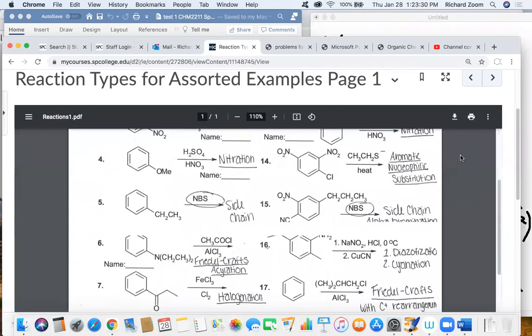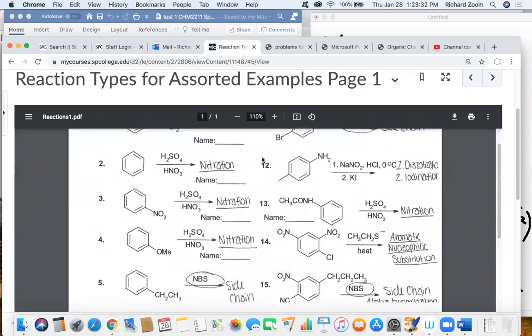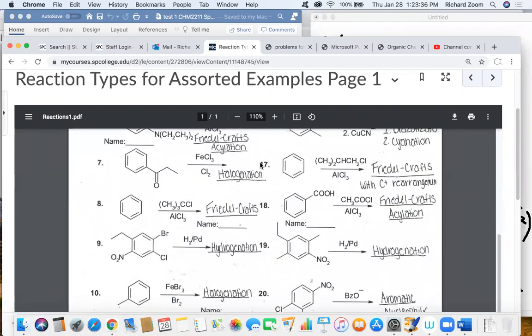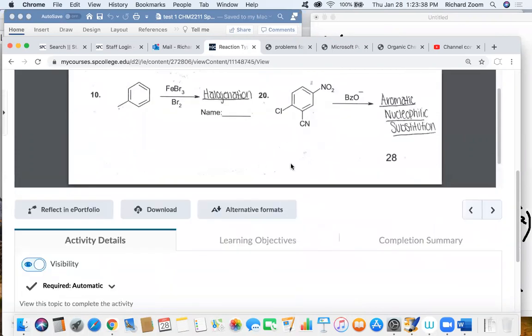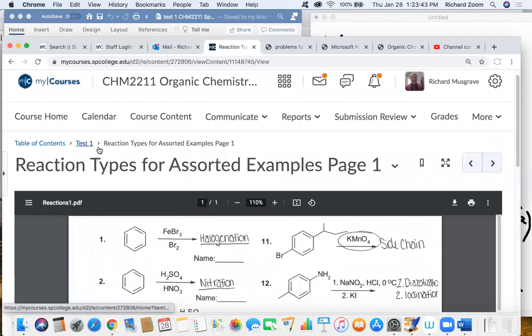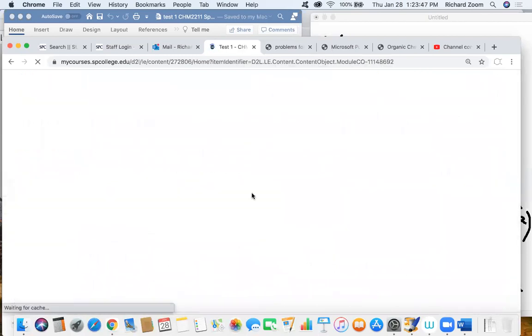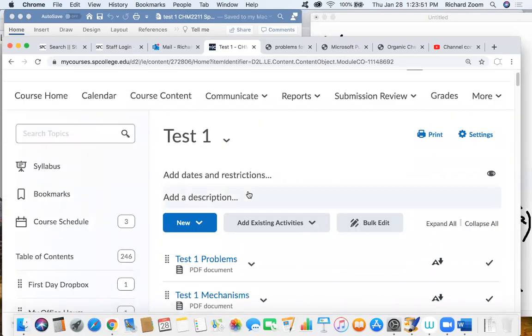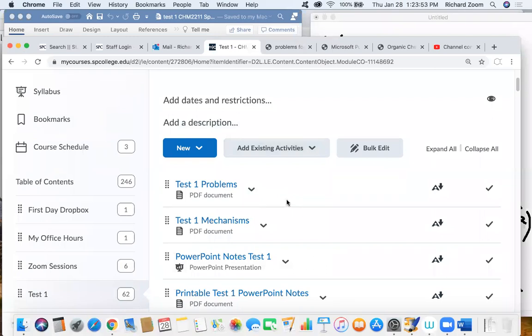You can see that what they did was they went through and showed what each of these reactions was. So you might find that useful. If you want to practice just certain types, maybe that's what you might look at, Courtney. If you said, I want to just practice this particular one, then you could go find them in the problems. You could do that.